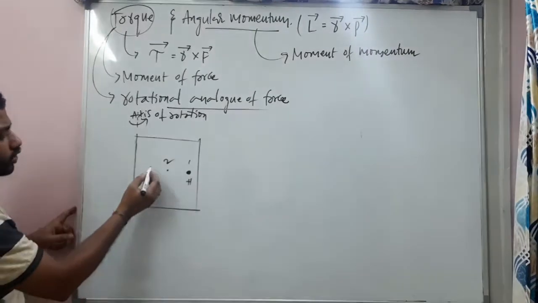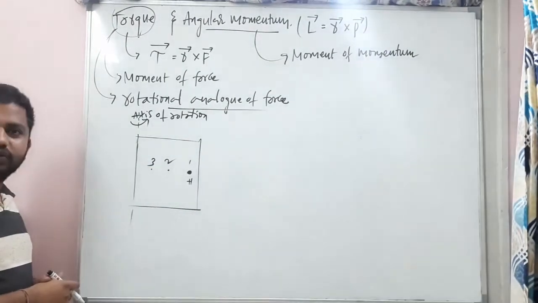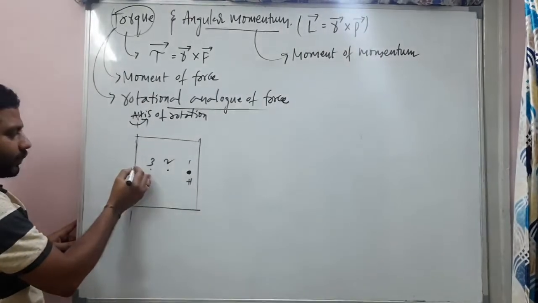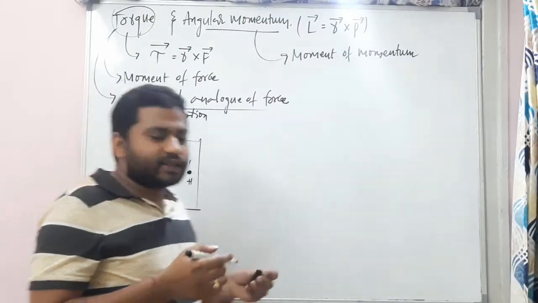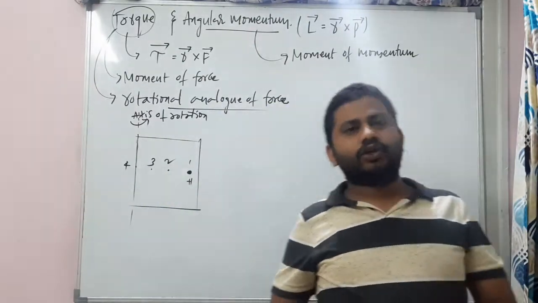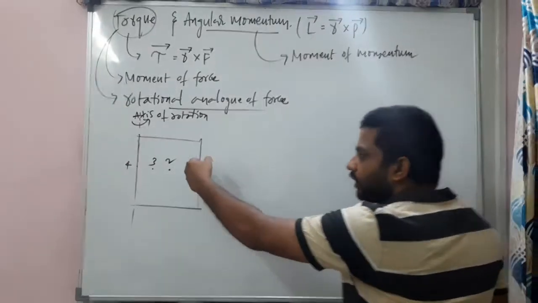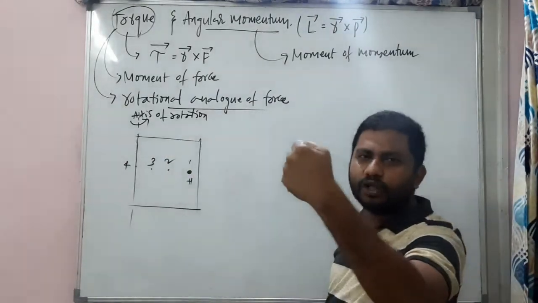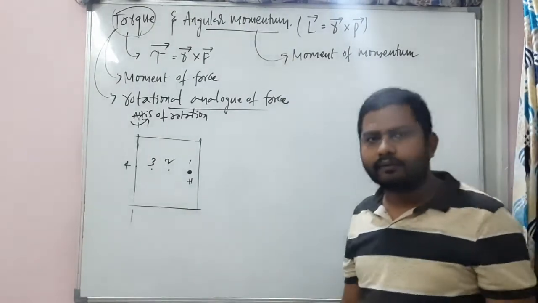The third position is also here, with the same 10 Newtons. The fourth position is exactly on the axis of rotation, with the same 10 Newtons. Observe carefully. With 10 Newtons at point 1, the door opens easily.